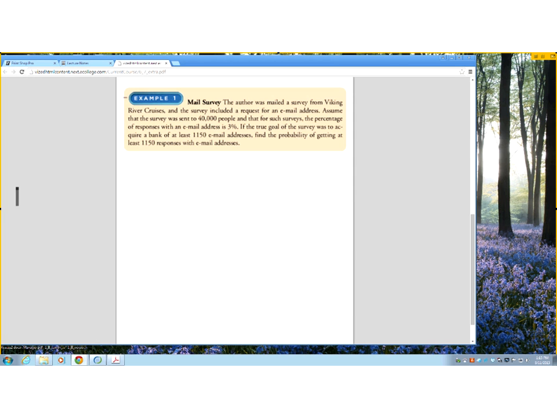All right, so if I had not told you to use the normal to approximate the binomial, then when you read this problem, and if you can identify this as a binomial, then you could just use the binomial method. So we said n was 40,000, p was 0.03, and I didn't leave enough room for x.